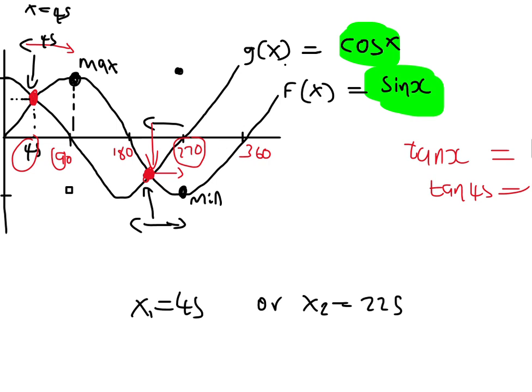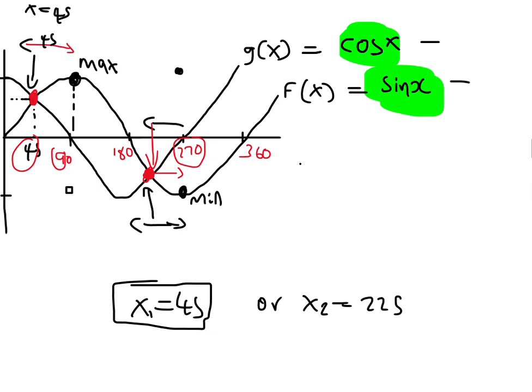Since the graph of g of x and the graph of f of x are equal at this point, it doesn't matter where I replace x. I can replace x into g, or I can replace x into f. I will still get the same answer. So let's use this value of x and plug it into g of x.